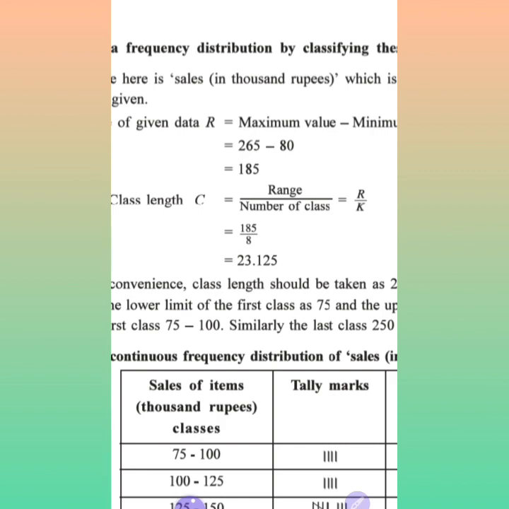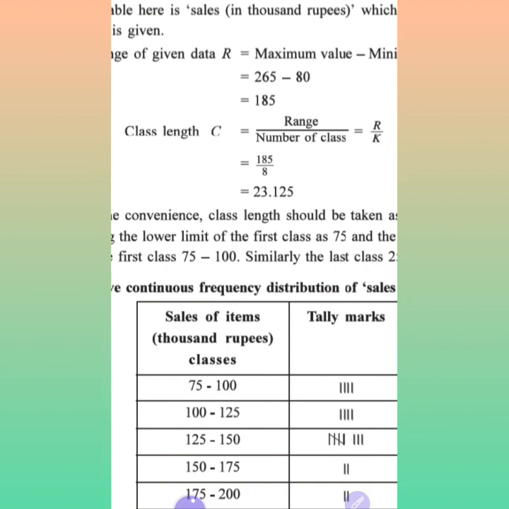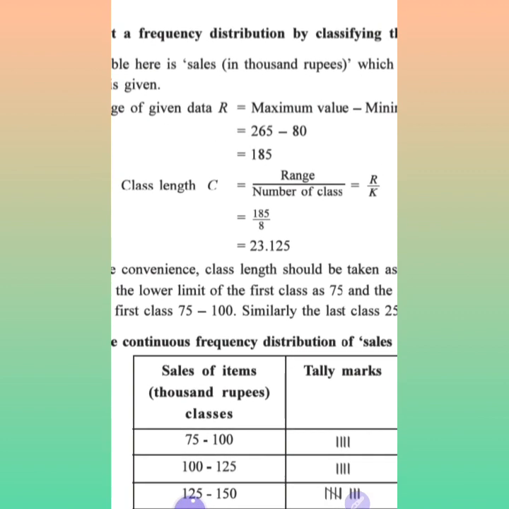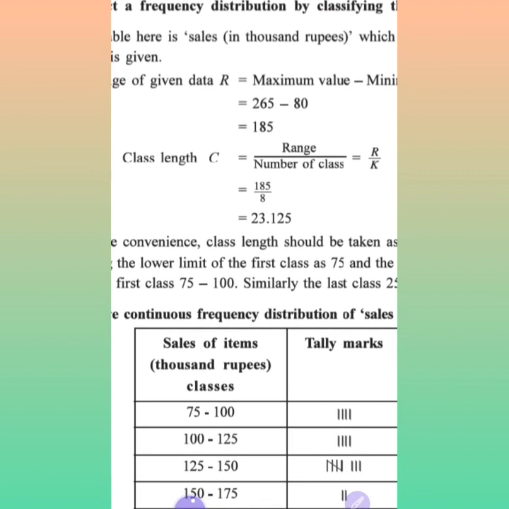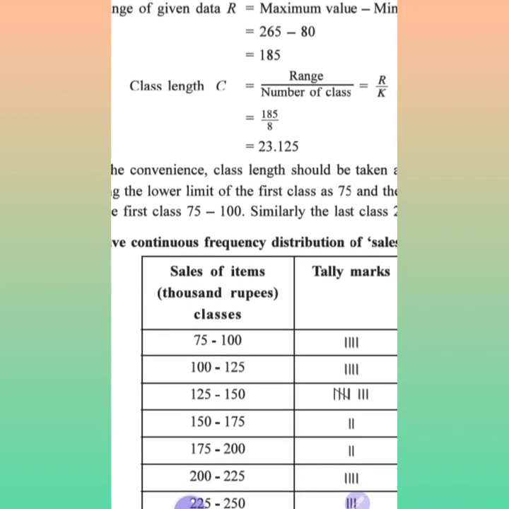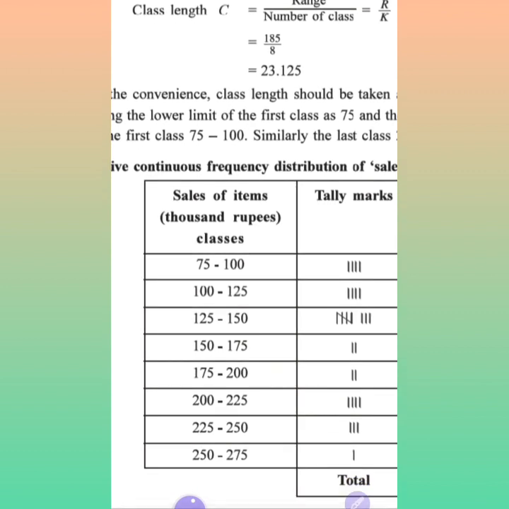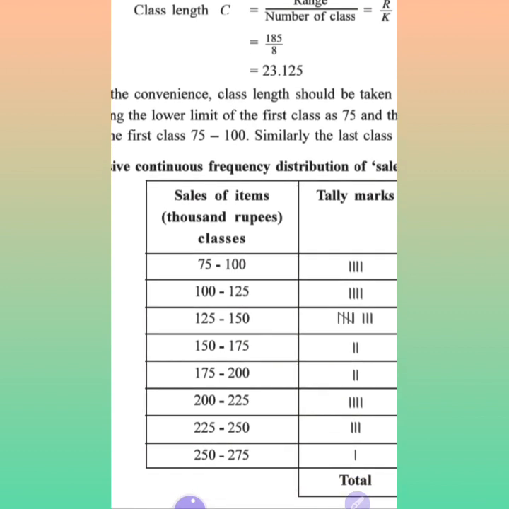So now we shall prepare our frequency distribution. You have found that our highest number is 265 and our lowest number is 80. So we shall start from 75 and take a difference of 25. The classes are 75 to 100, then 100 to 125, 125 to 150, 150 to 175.